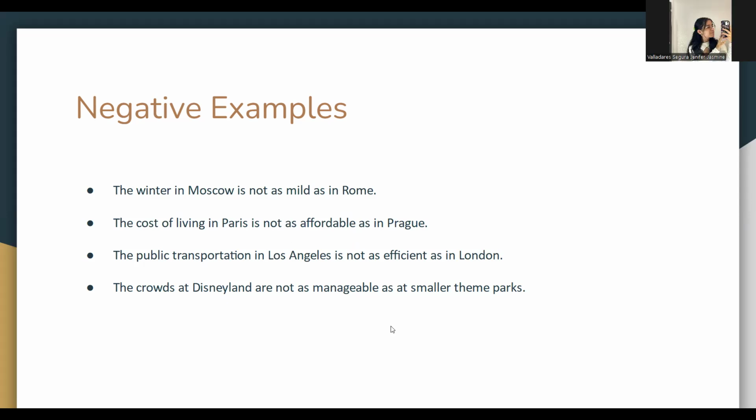Okay. So, thanks to you. The quality that we are using, like this, in the third, efficient. So, in London is efficient. It's good. In Los Angeles is not efficient. There is a difference, right? Practicing negative verb as... as.